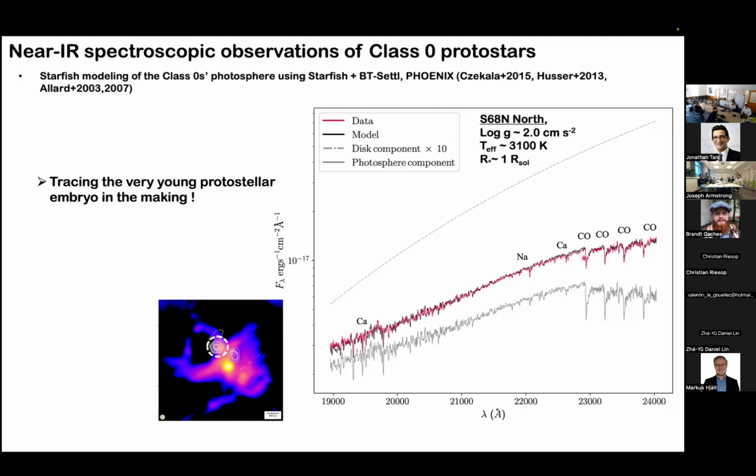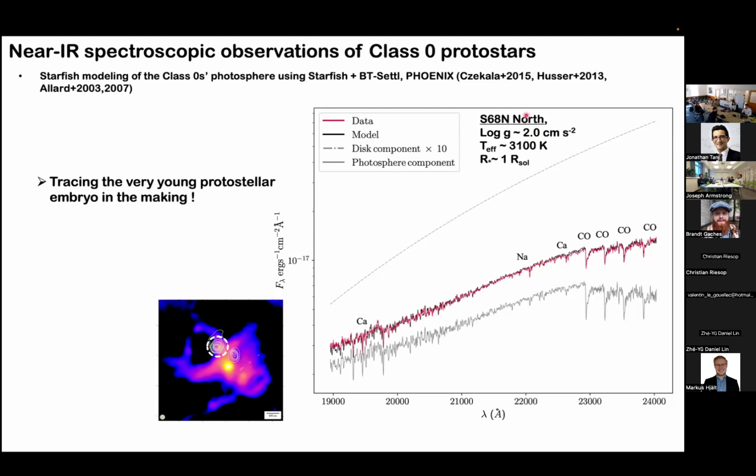And here is an example of a model fitting of the photosphere, and we obtained a constraint on the surface gravity of 2, which is incredibly low, and so this really suggests that indeed we are looking toward an object that is super young and that just formed.